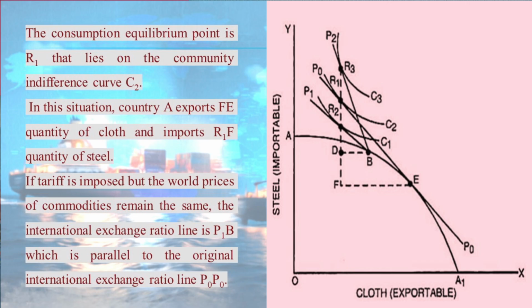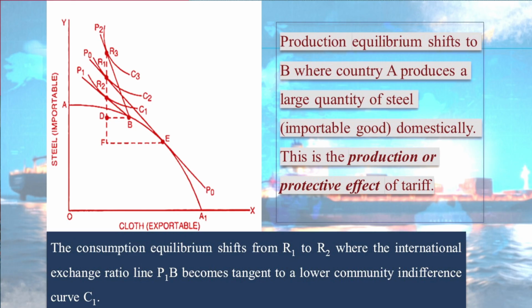Now, if tariff is imposed but the world prices of commodities remain the same, the international exchange ratio line will become P1B1, which is parallel to the original international exchange ratio line P0. Now, production equilibrium shifted to B, where the small country A produces a large quantity of steel, the importable good, domestically.